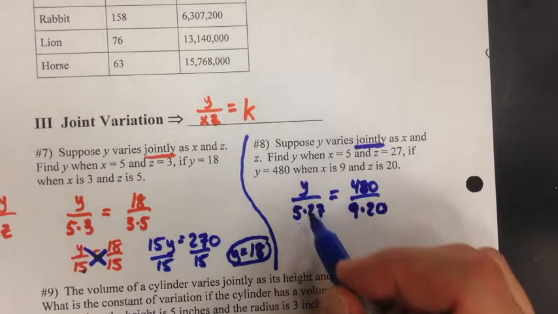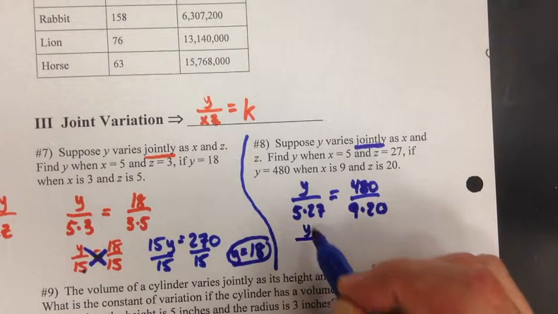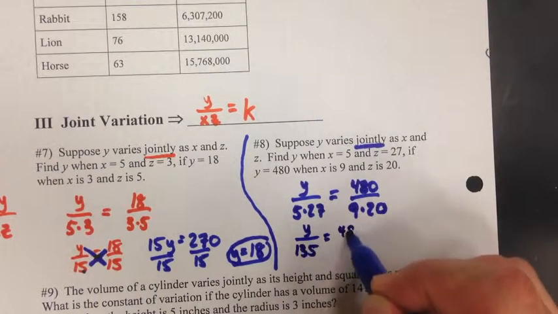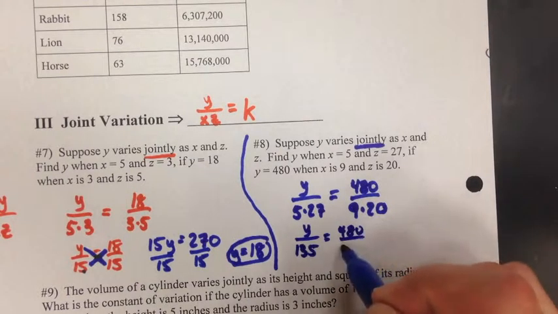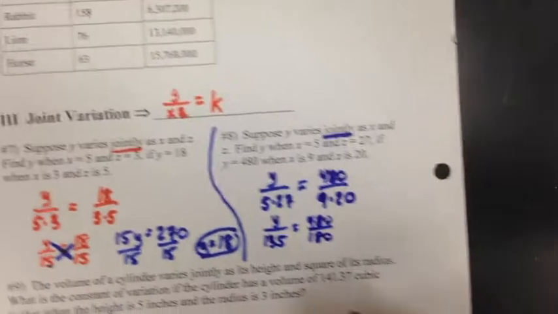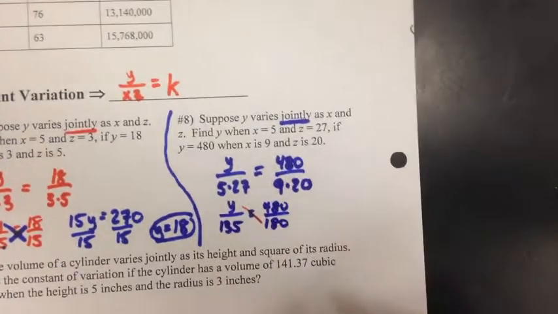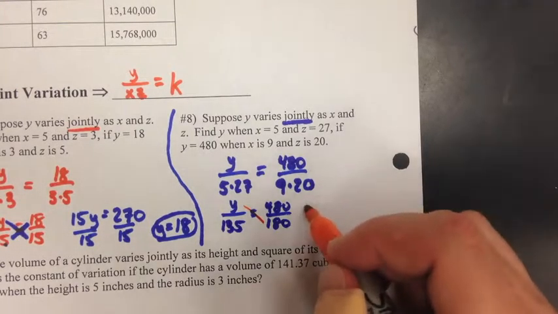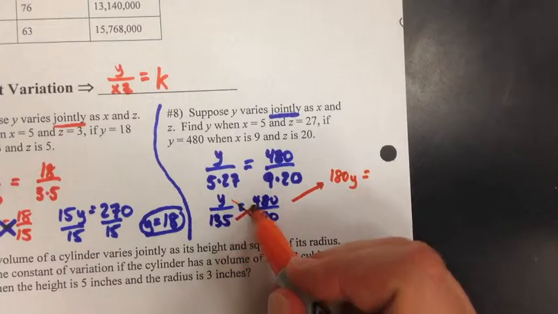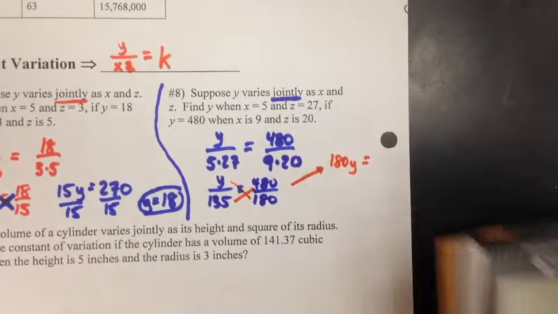So what we'll do here, let's work out the denominators. Y over, that's 135, equals 480 divided by 9 times 20 is 180. You can reduce the fraction first if you want to. I'll just cross multiply. So we'll get y times 180, which is 180y, equals 135 times 480.